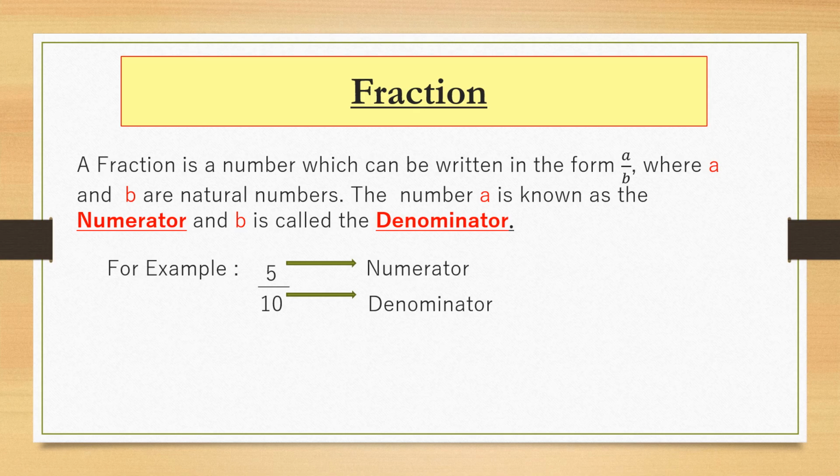For example, 5 upon 10. 5 is numerator, 10 is denominator, and the line which separates the numerator and denominator is called a fraction bar.